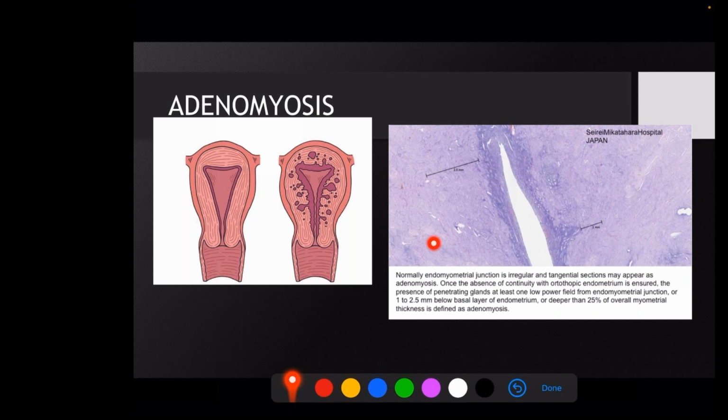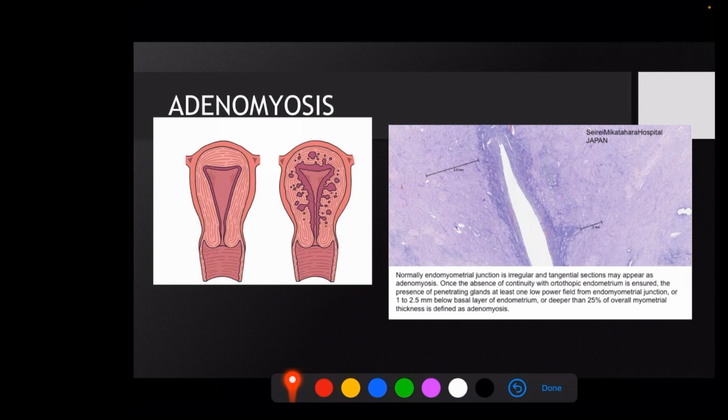Here, this area is scattered with the endometriotic tissue. See, here the continuous and irregular endomyometrial junction and the tangential section appears as adenomyosis, but cannot tell us adenomyosis.